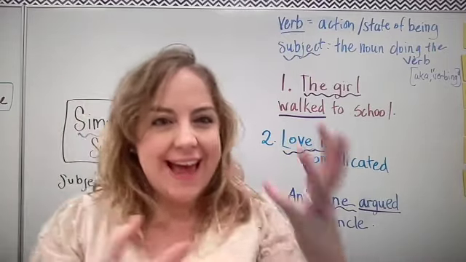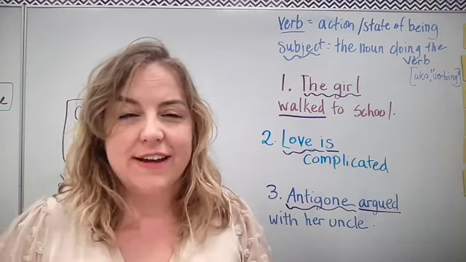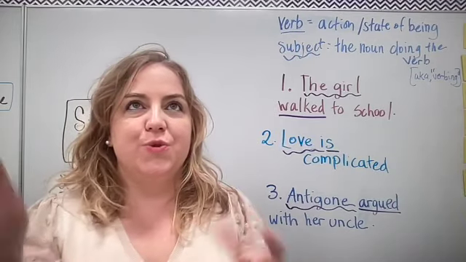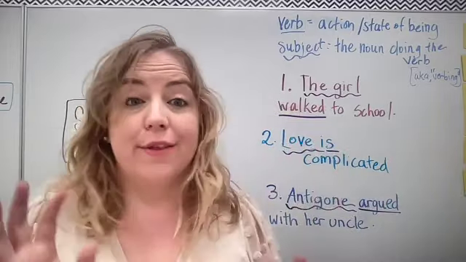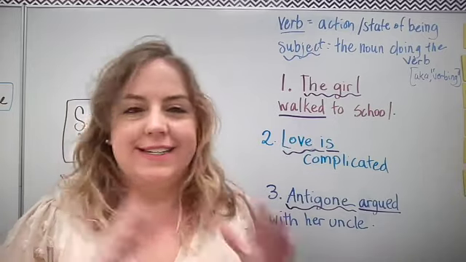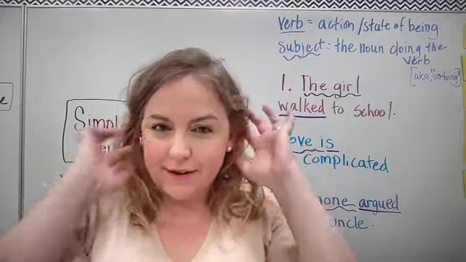It's what is happening in the sentence. The verb is the easiest thing to find in a sentence, and it's the easiest starting point from which you can find all the other parts of a sentence if you're looking at syntax. Syntax is just sentence structure and how sentences are put together.